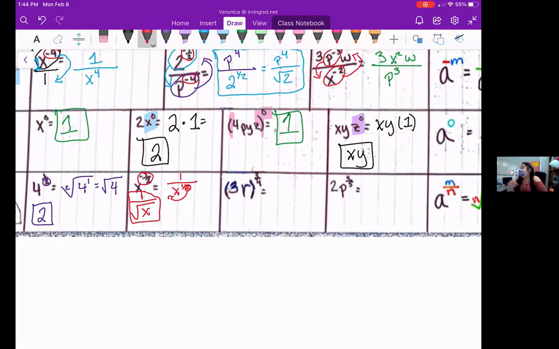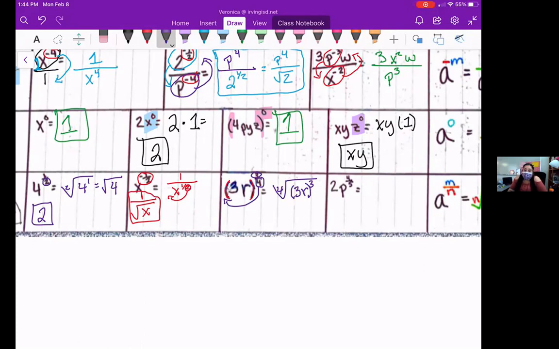So you need to keep that in mind when you're simplifying these things. Because all of this is in parentheses, I can just go ahead and throw this outside. So this would be the 4th root of this entire thing, which was 3r to the power of 3, because my numerator was 3.